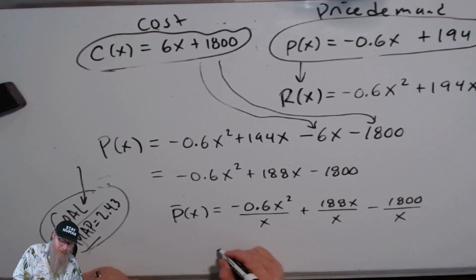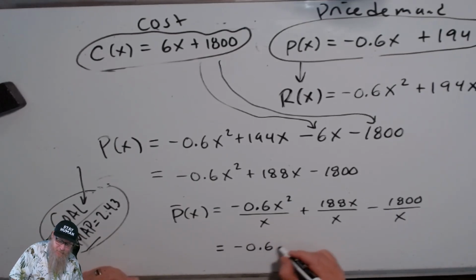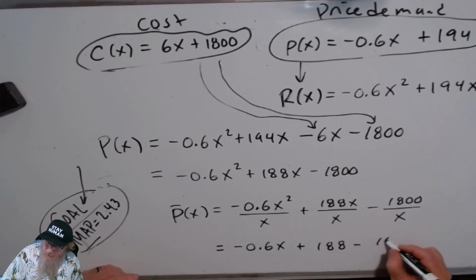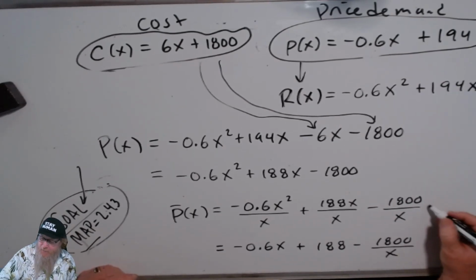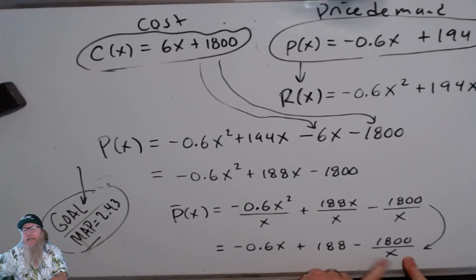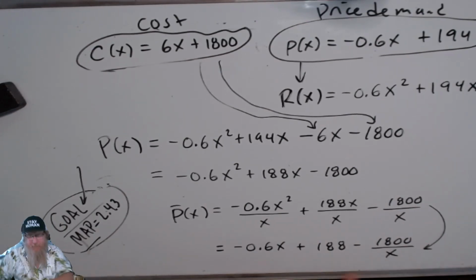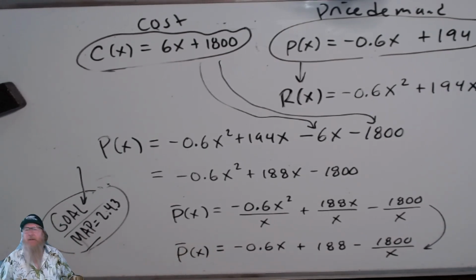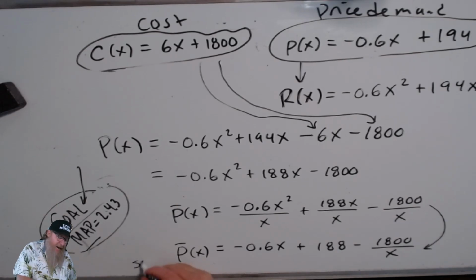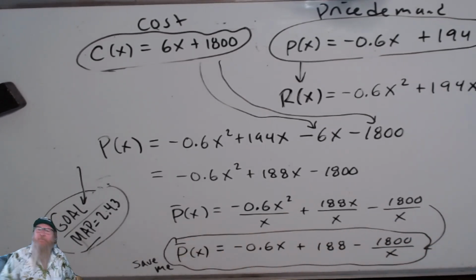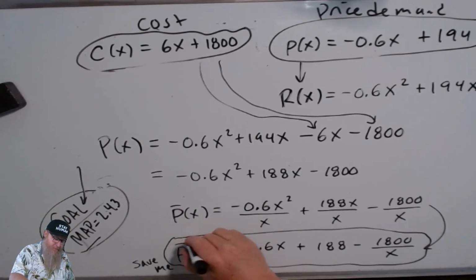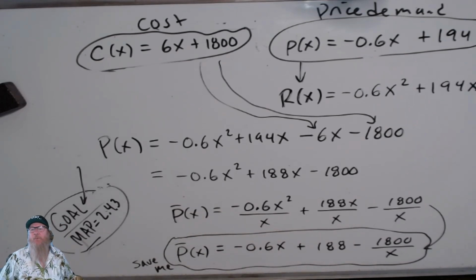It's not wrong. But I like this technique because look at how nice everything comes out. The only trade-off is you end up with this fraction in the end. You can't ever get rid of that one. But it does make the first two terms very nice. I'm going to save this because we might need it later. I think we will need it because I asked what was the marginal profit. I mean, what was the average profit?